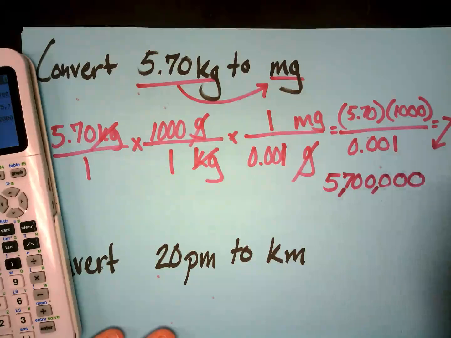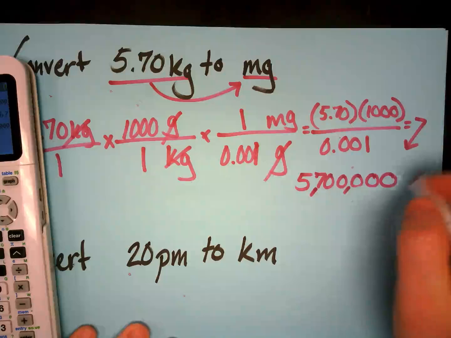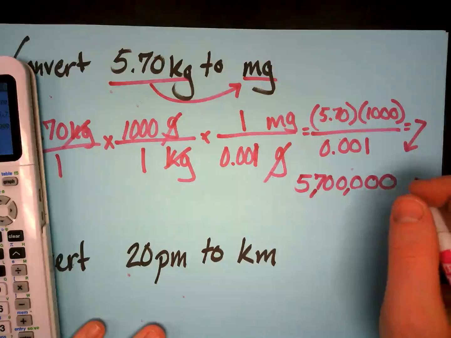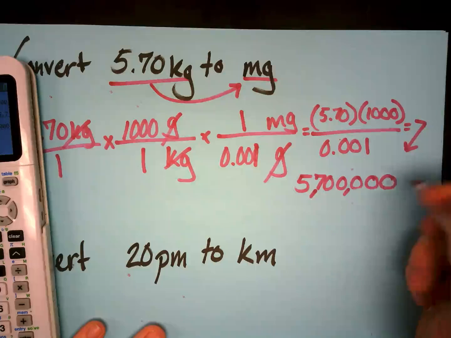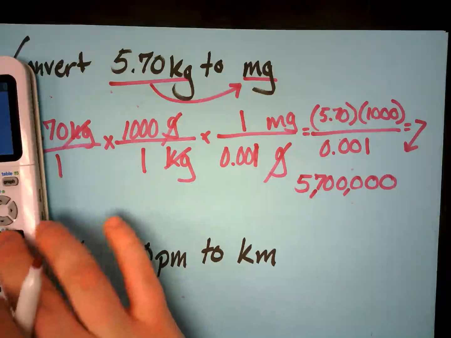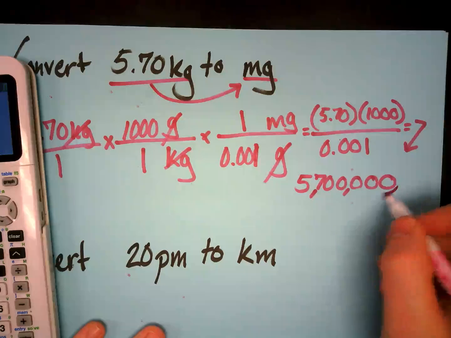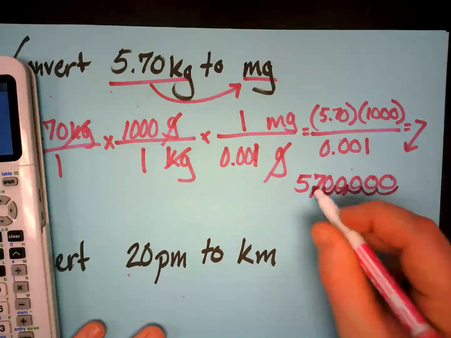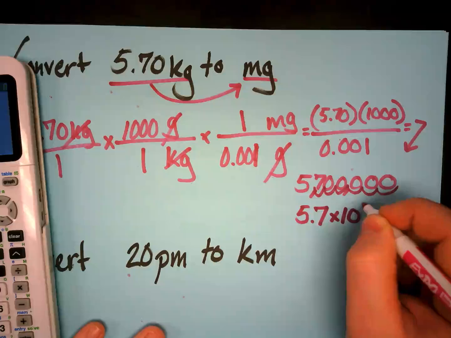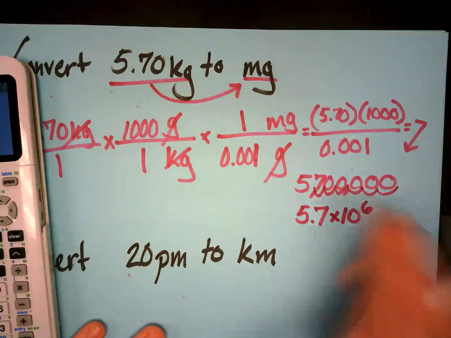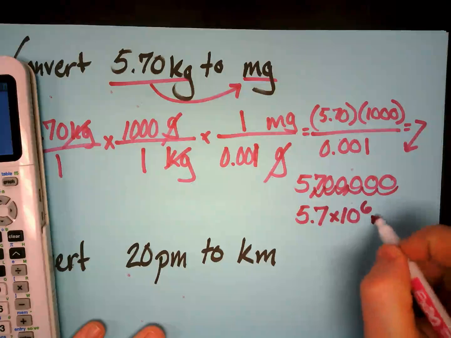So 5,700,000. Now, this is an okay answer. But realistically speaking, this should be put into scientific notation since it is above 10,000. So we're going to put this guy in scientific notation here. So it's going to be 1, 2, 3, 4, 5, 6. So our final answer should be 5.7 times 10 to the 6th power, and then carrying our units, milligrams.